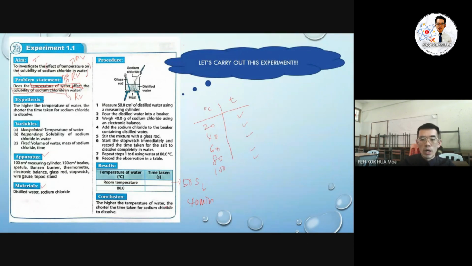That means you need to do the experiment and after that do the question, and the marker will only see your answer sheet to know what you are actually doing in your experiment. So I advise that you take a maximum of 20 minutes to complete your experiment, and immediately go on to answer your paper 3. That way you have enough time to do your compulsory experiment.